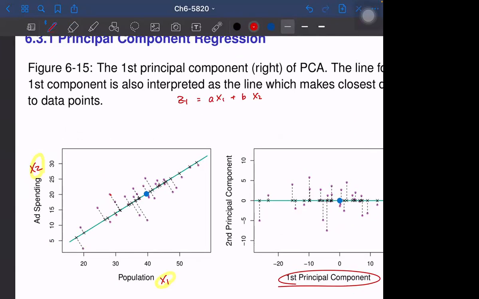Then you can see that some observations are on the upper right side, and some observations are on the lower left side. So the characteristic is that each data point is generally larger value on both x1 and x2, or small value for both x1 and x2.